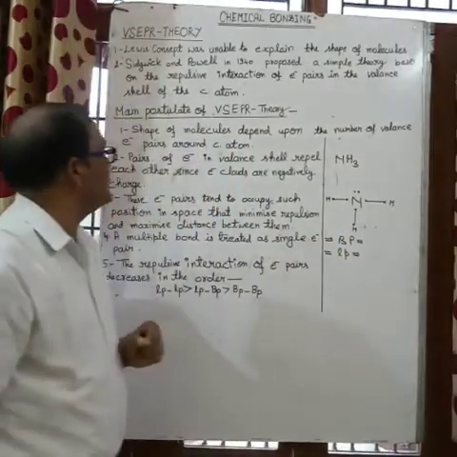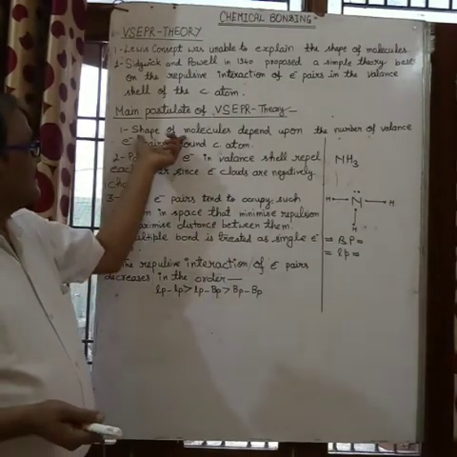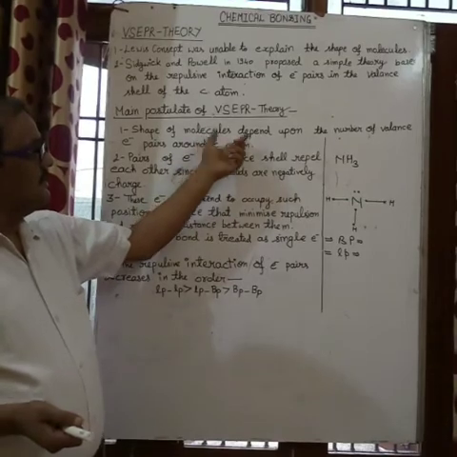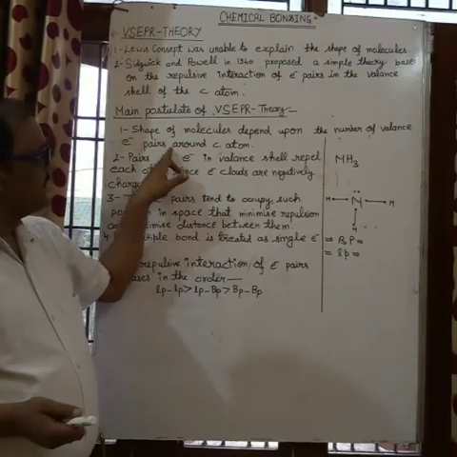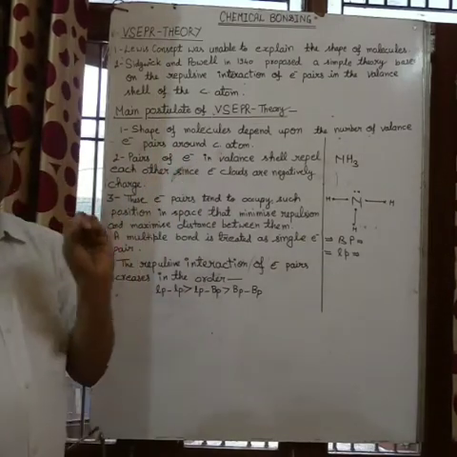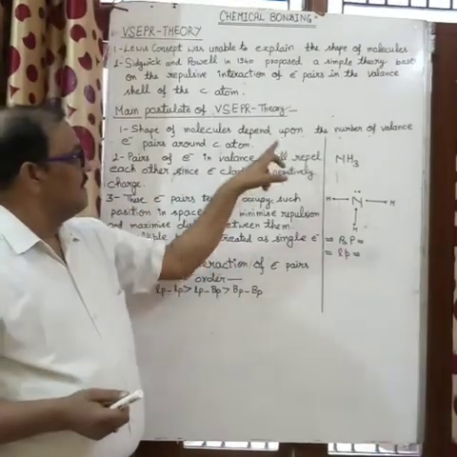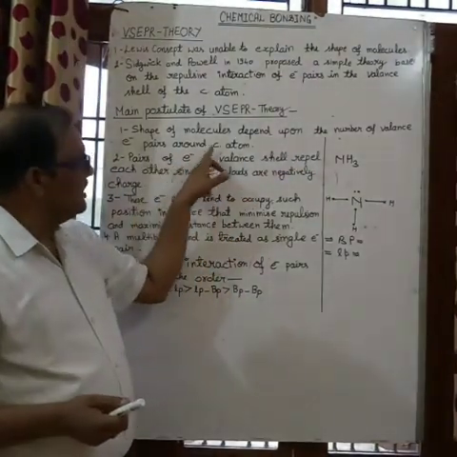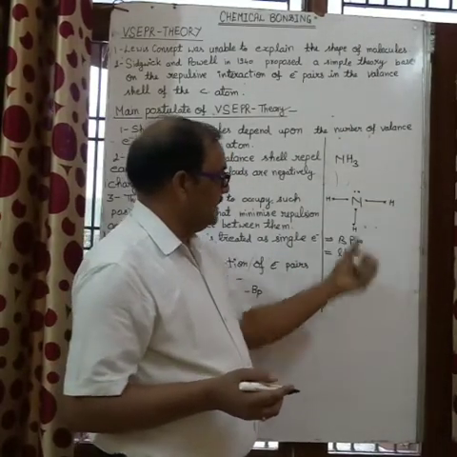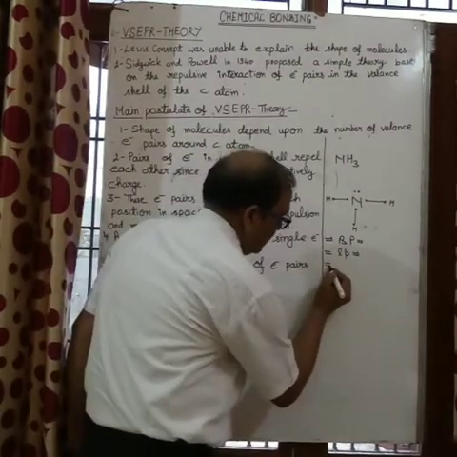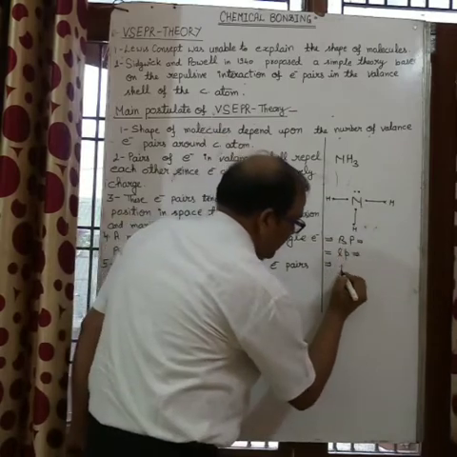And there are main postulates of the VSEPR theory. The first postulate is that the shape of the molecule depends on the number of electron pairs around the central atom. It means in the case of NH3, there are 1, 2, 3, 4 electron pairs.